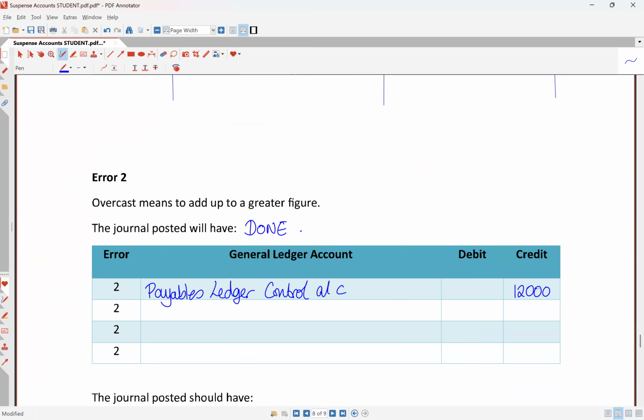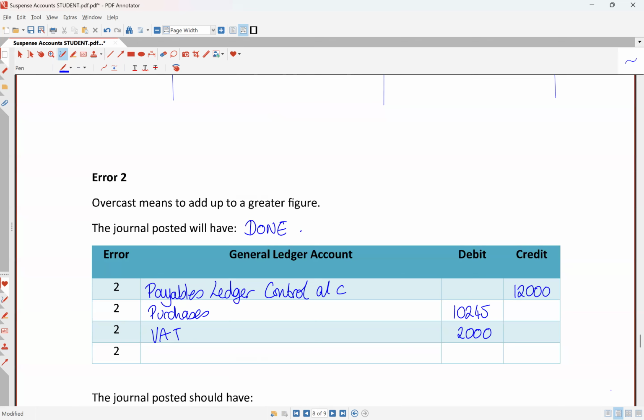That's my liability, what we owe suppliers. Debit your purchases with the net amount, but we were told in the question that the net amount was totaled to be 10,245. The VAT was totaled, and remember we reclaim that, so that's a debit of 2,000.